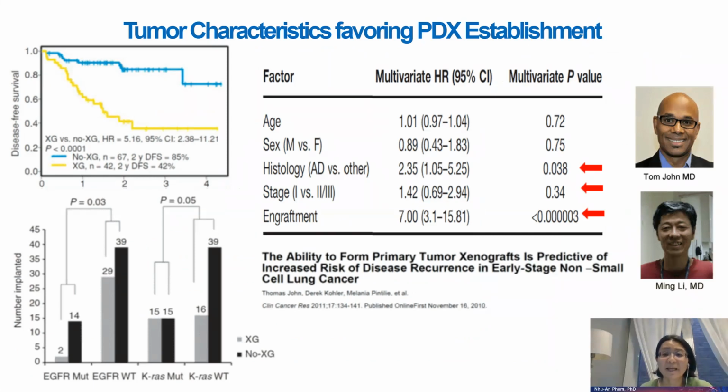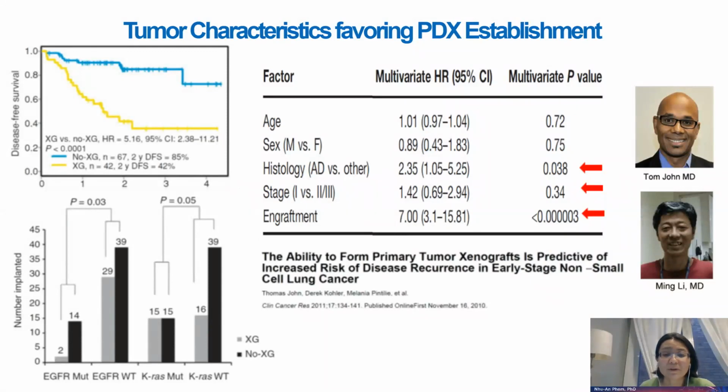Taking a step back, looking at all the lung tumor types, on the top left panel we can see that engraftment predicts for much shorter disease-free survival in patients compared to the non-engrafting tumors. As a breakdown from the multivariate analysis here, we can see that squamous, advanced stage, and engraftment are all independent factors for poor disease-free survival.